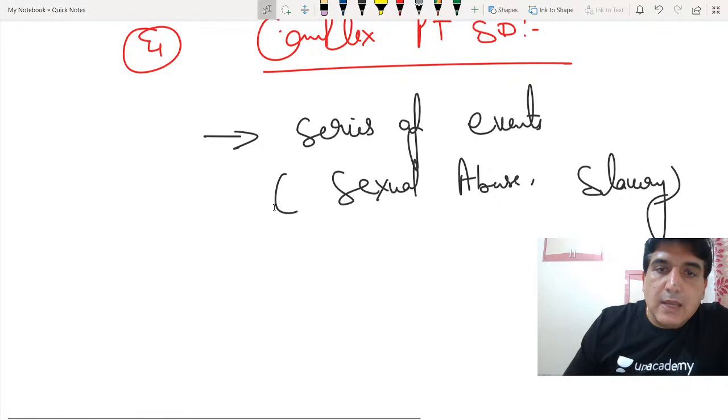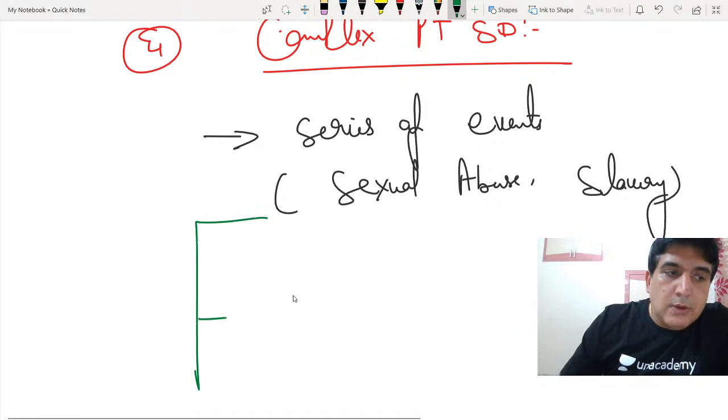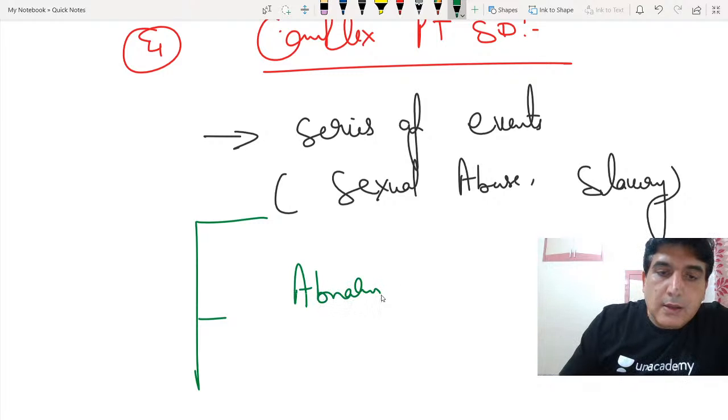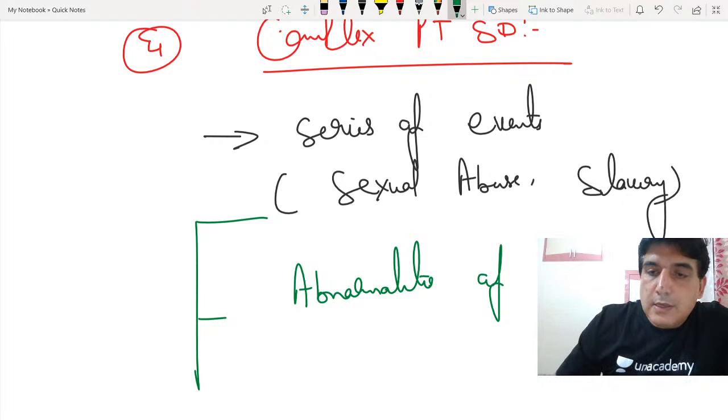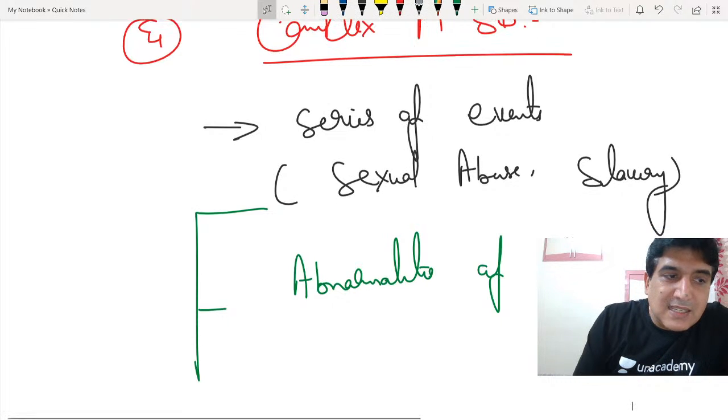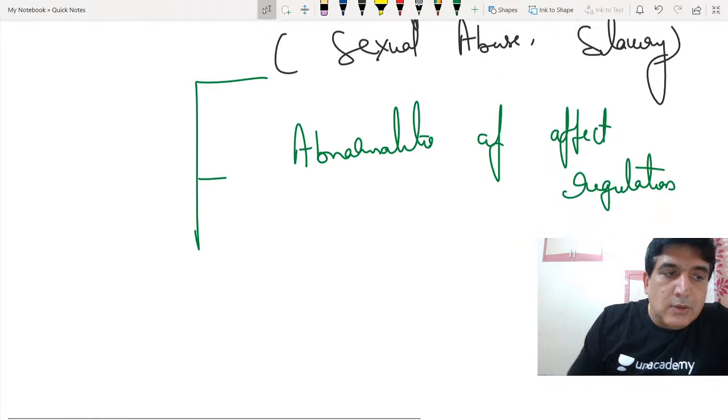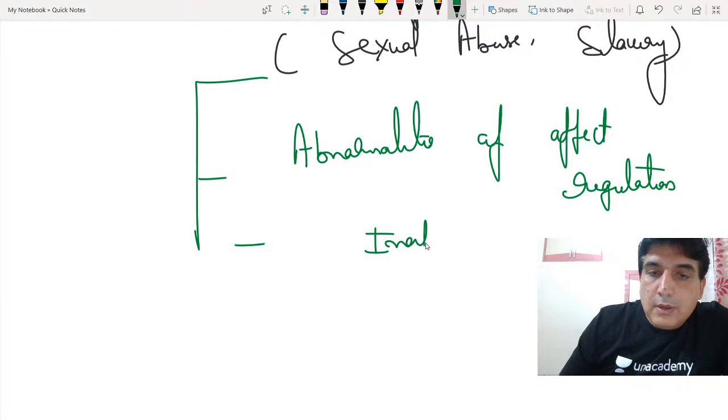In complex PTSD, we have some specific symptoms. The person has severe abnormalities of affect regulation. Apart from that, the person has an inability to feel emotions.